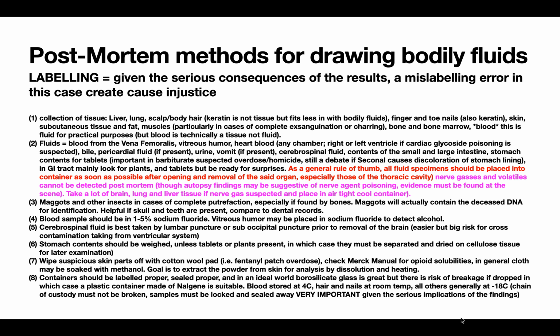Practically speaking, you have to find nerve gases and volatiles at the scene of the crime using a gas syringe, but do take a lot of brain, lung, and liver tissue if nerve gas or volatiles are suspected.